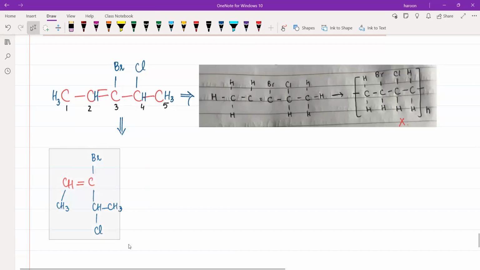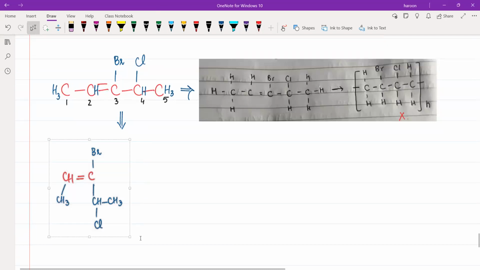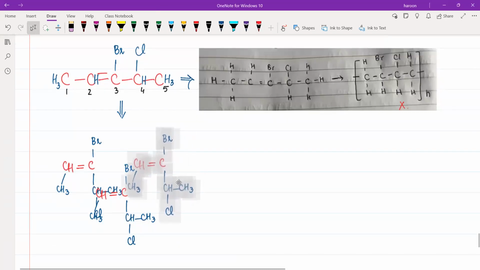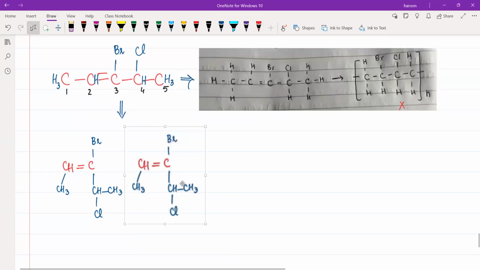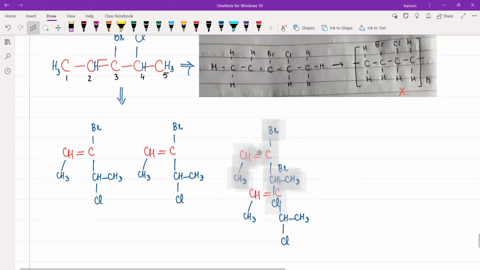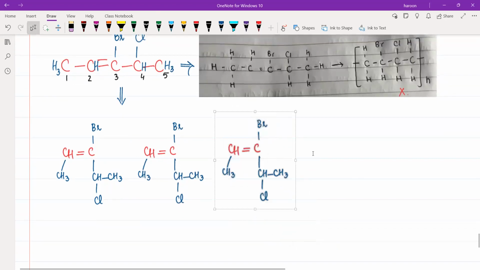Now you'll make another double bond here, the repeating unit, and then you will make another repeating unit. Now look.